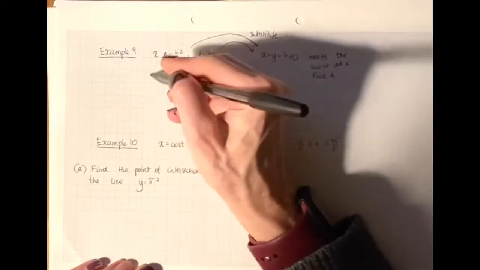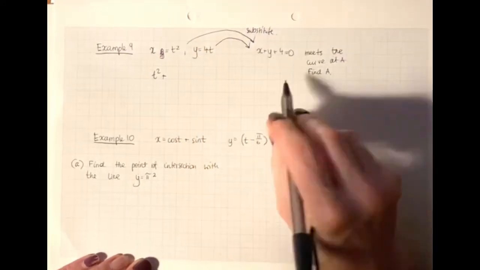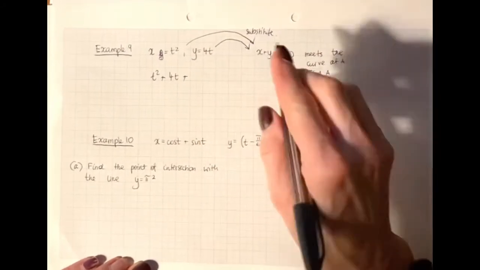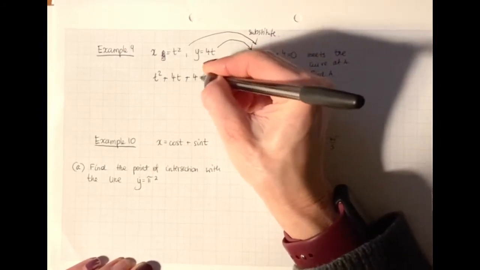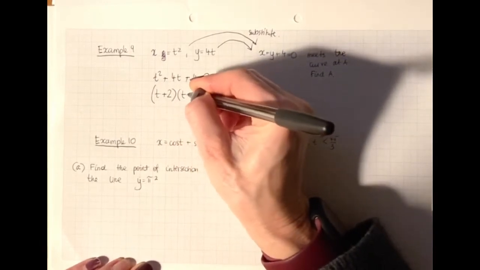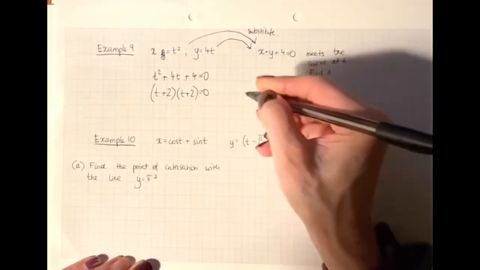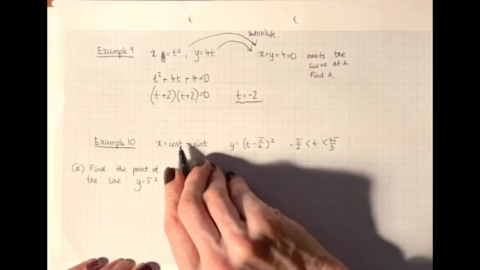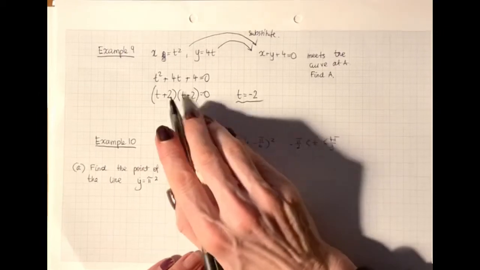So x is equal to t squared, y is equal to 4t, and then you've got 4. So this is (t plus 2) and (t plus 2). So you could see that there is only one point of intersection because you only get one value of t. t is equal to minus 2.